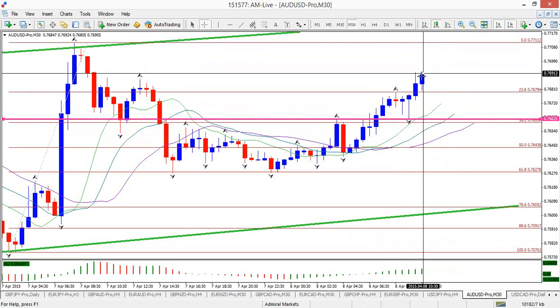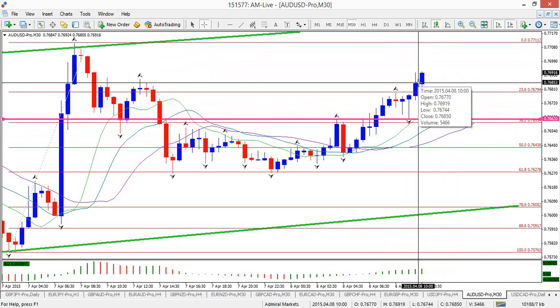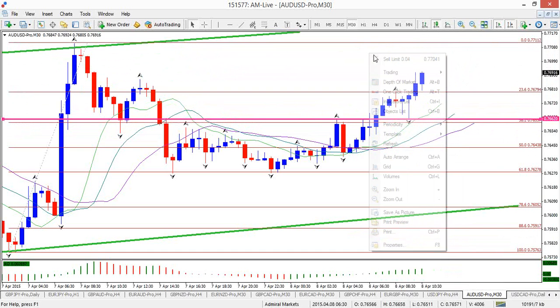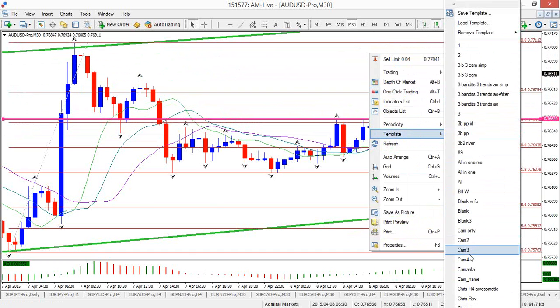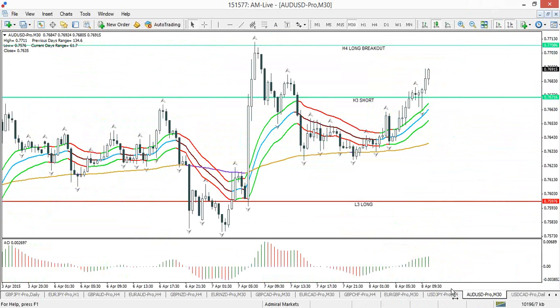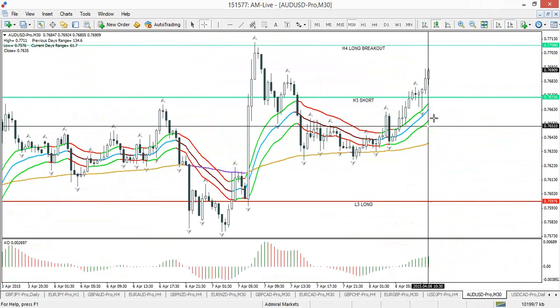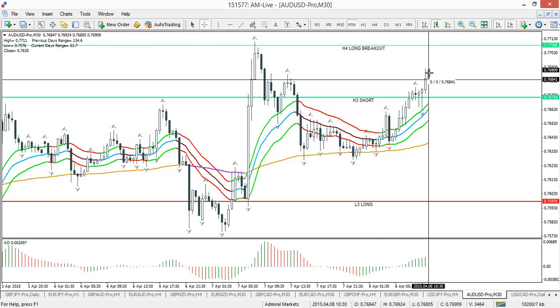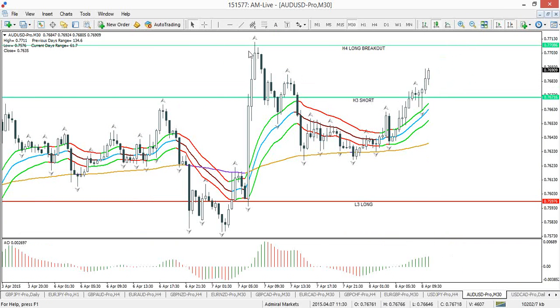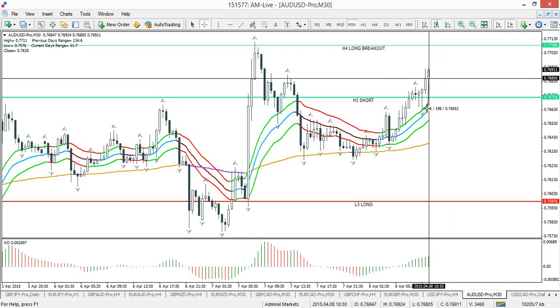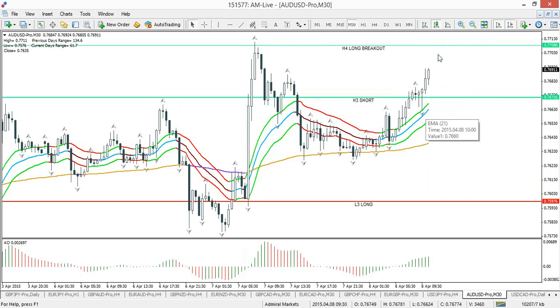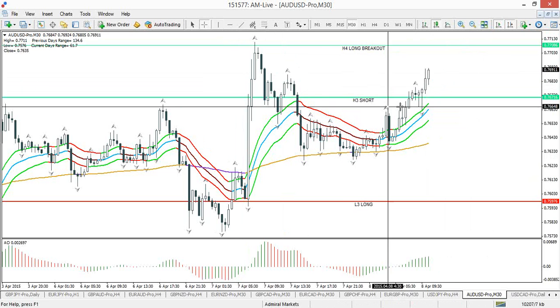The target for the moment, I would say, if anyone took this 30-minute trade, should be the H4 for about 26 pips. About a one-to-one trade, I would say, with a trail stop.